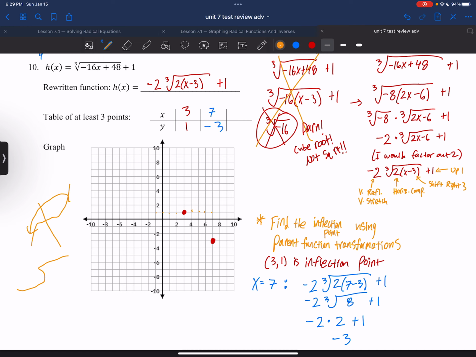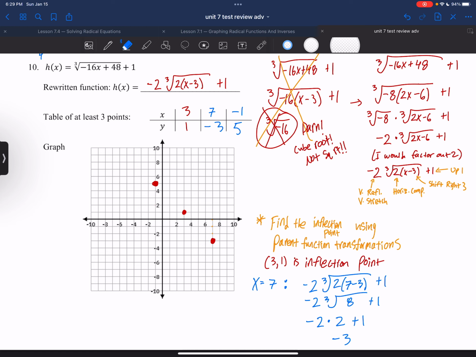And then this was 1, 2, 3, 4 down, which means I go 1, 2, 3, 4 up. So actually, I should have a point here at negative 1, 5. But I'm going to do the math to make sure that is actually true.